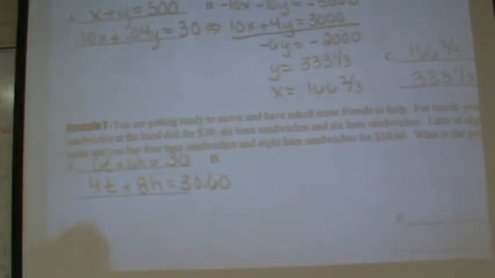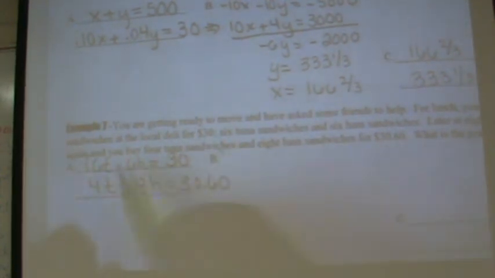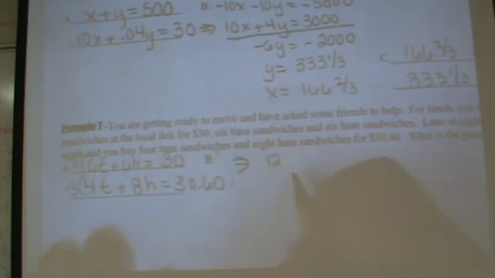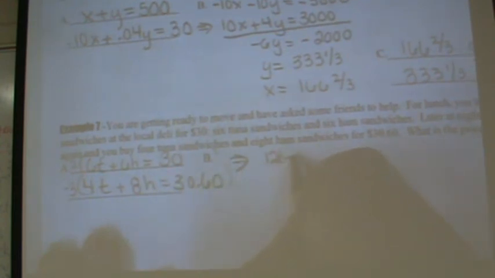I would do this by 2, and this by -3. So you get 12 and -12, that's fine, let's do it. This top equation becomes 12t plus 12h equals 60.